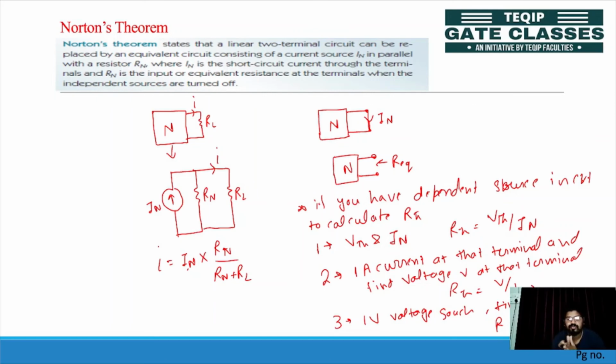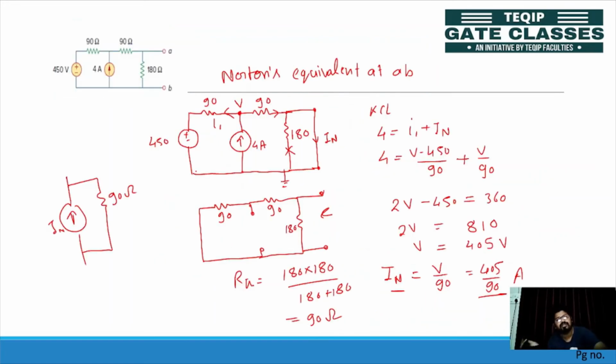You may also connect a 1 volt voltage source, find the current supplied by the voltage source, and then find your RTH by 1 divided by I. So these are the methods you can adopt to calculate RTH if you have a dependent source in the circuit. But if you have all independent sources in a circuit, then you can directly turn off the independent sources and find the RTH like this.